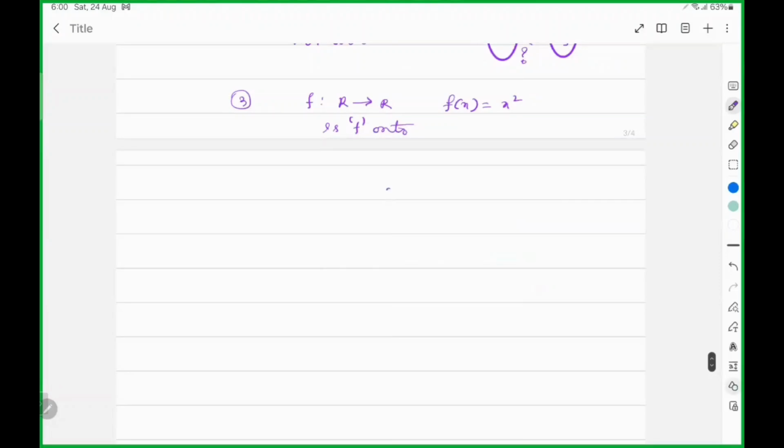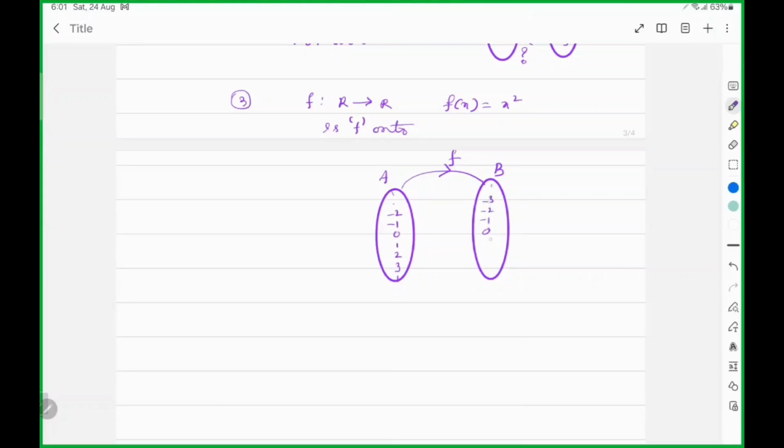For that, in fact, infinitely many elements are there. Checking every element is practically not possible. Here 0, 1, 2, 3, -1, like this.